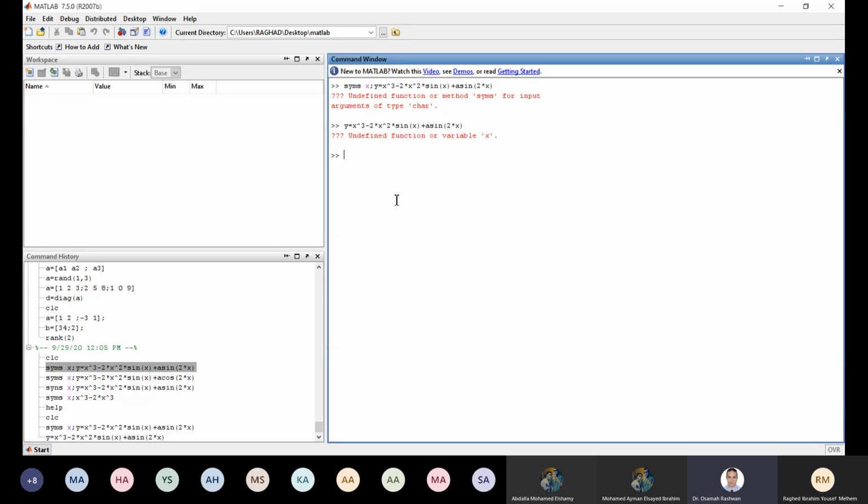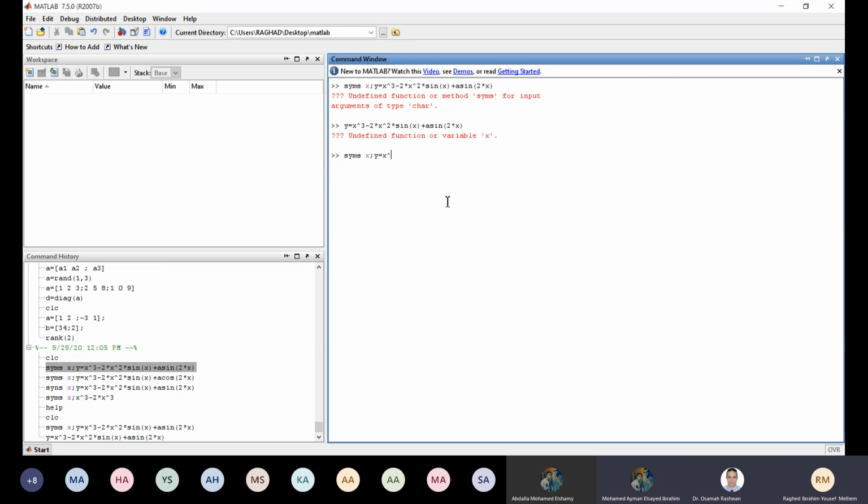Type it in front of me, syms. Okay. Space x. Semicolon. y equal to x cube. Doctor? Yes.